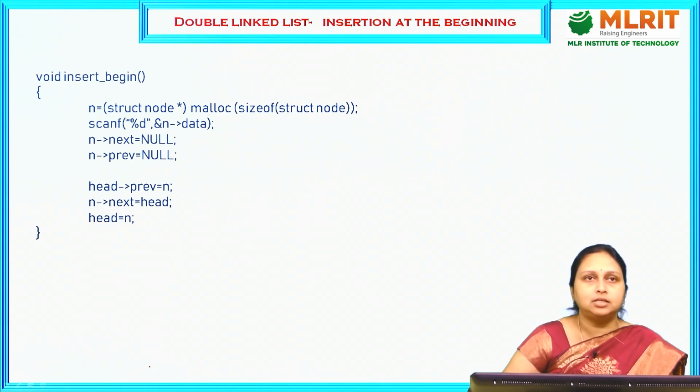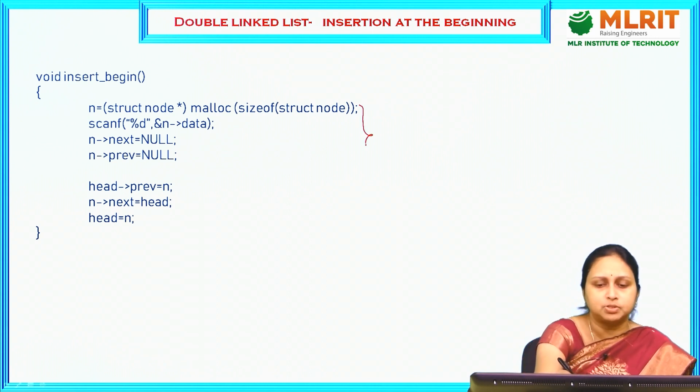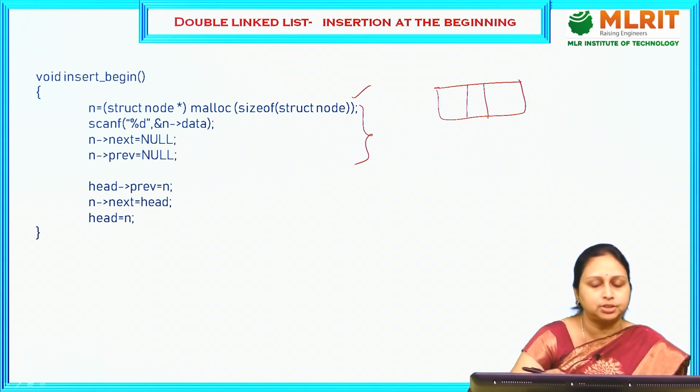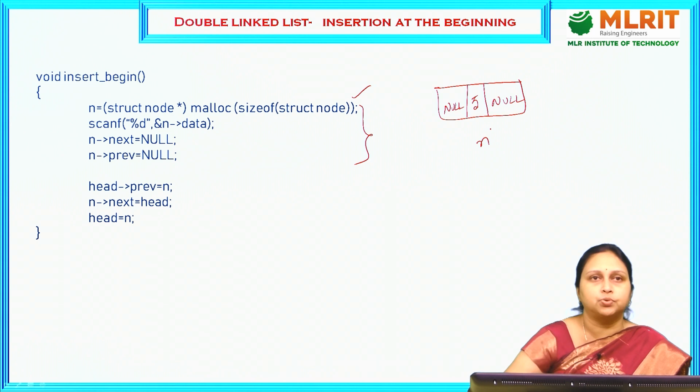Let us see how we are going to write the subfunction for this. The first steps represent allocating the memory dynamically using the malloc function, and reading the data part; we have read the value as 5, and the next value is initialized to null, and the previous value is also initialized to null, and the name of this node is n.